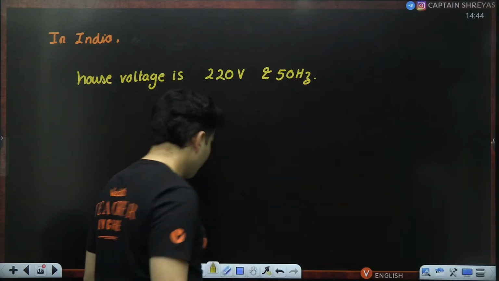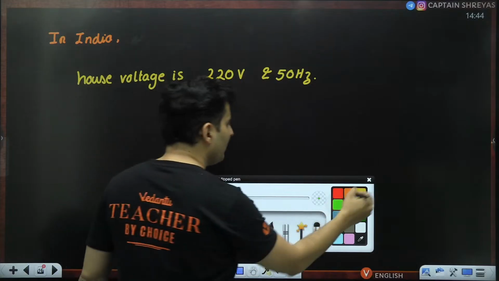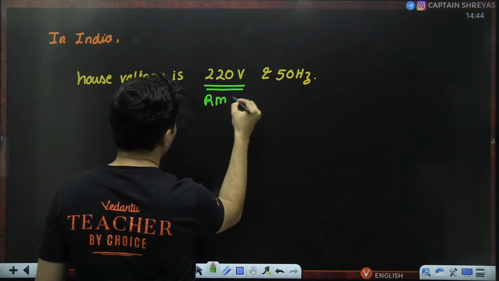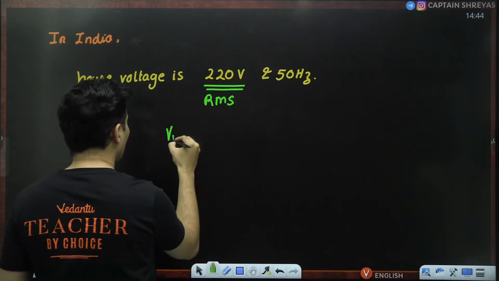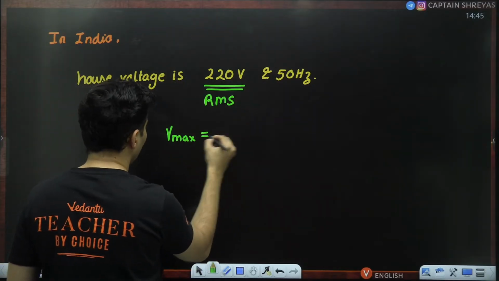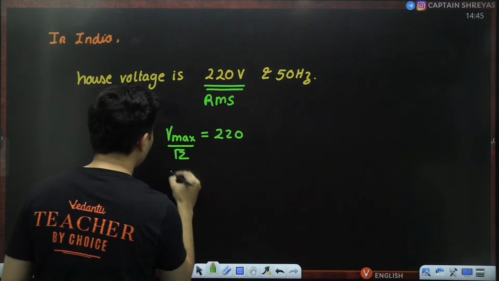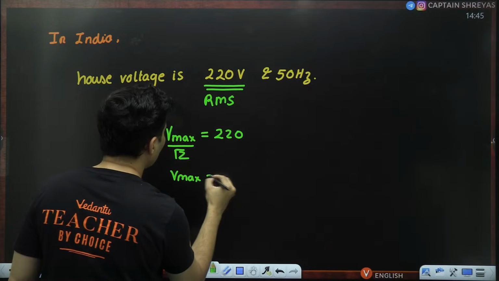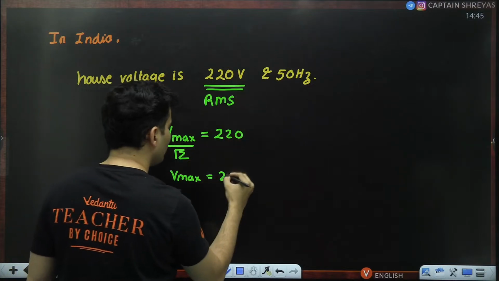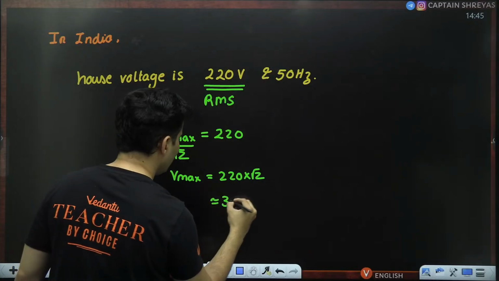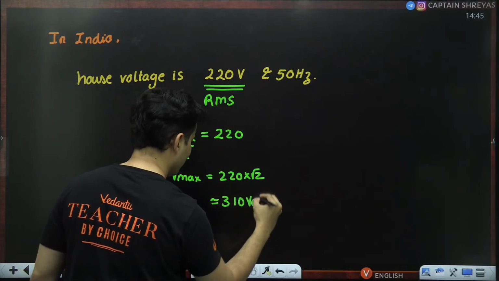What does it mean? It means that this 220 volts is basically the RMS value. So if you want the maximum value, remember maximum by root 2 will be 220. So the maximum value of the voltage will be 220 multiplied by root 2, which is approximately 310 volts.